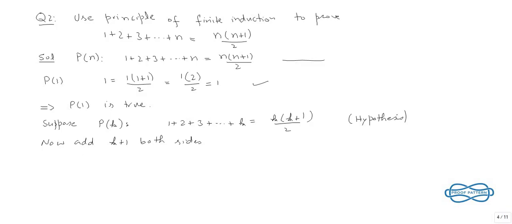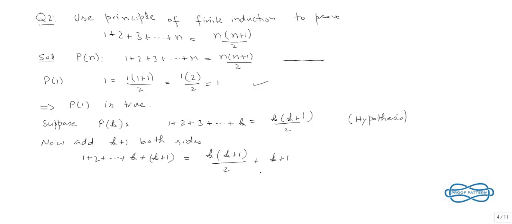What we get is 1 plus 2 plus so on plus k plus 1 is equal to k times k plus 1 over 2 plus k plus 1.